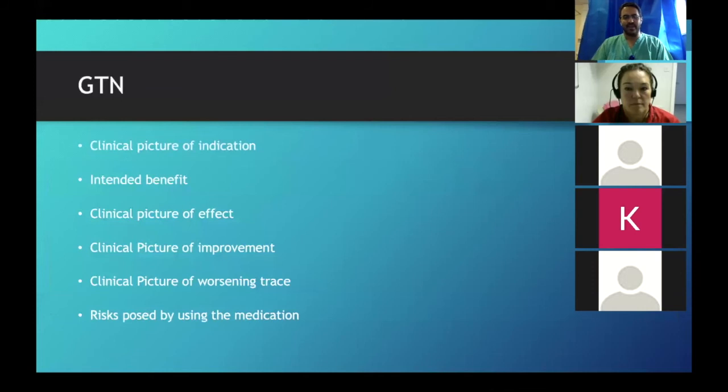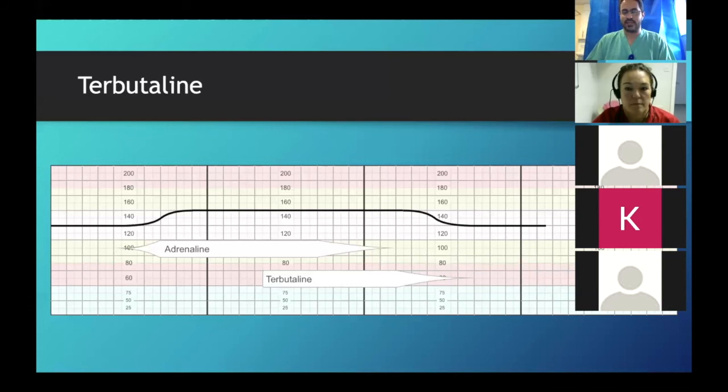Okay. Now, many of you have talked, you know I love terbutaline, yes? Now, what's the side effect that you can get from terbutaline? Or what's the risk that you can potentially cause by terbutaline? For the baby, or mum?